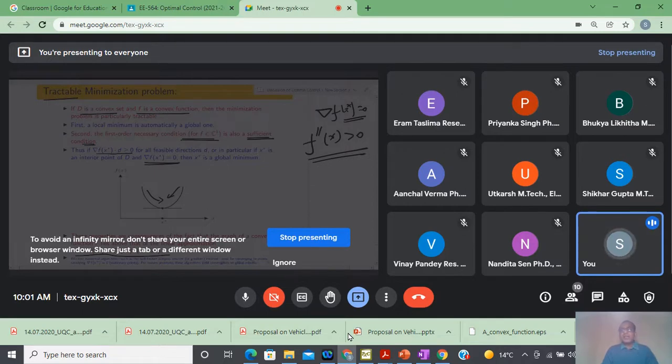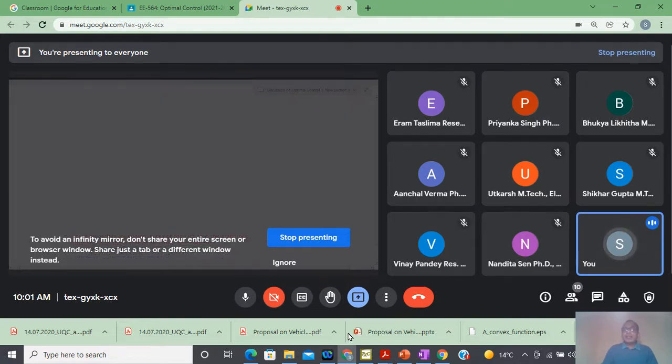And what kind of extra condition is required? Either that D should be compact. If D is compact, then I can at least make sure that if I have some kind of boundary, and at the boundary point I move in a feasible direction like delta F star D that is greater than or equal to 0, then finally I land up at the local minimum.